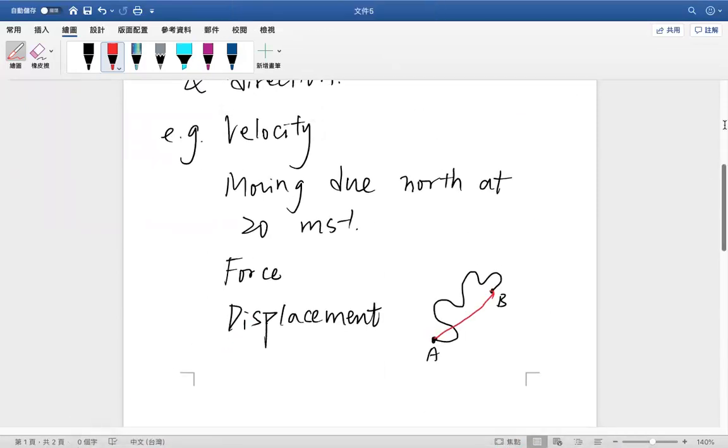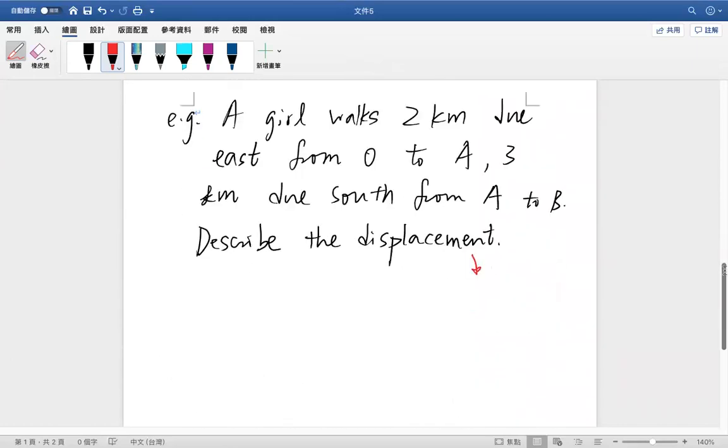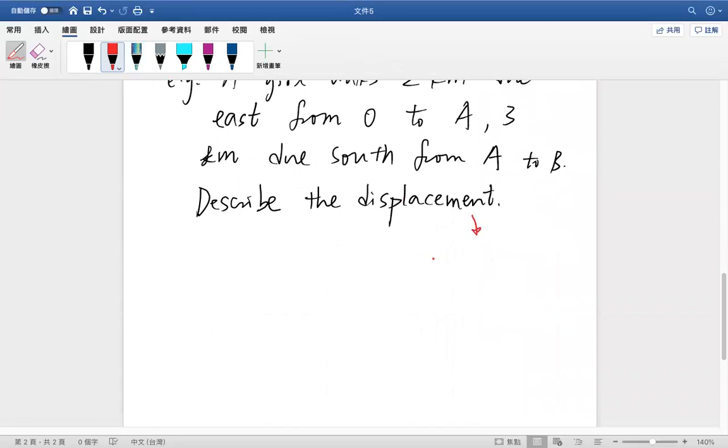So we need to determine two things, namely the direction and the magnitude. So we need to find these two things. So at the end it is a triangle, right? Yeah. And you use Pythagoras to find it. Yeah, so you use Pythagoras. So magnitude and direction, these two things.